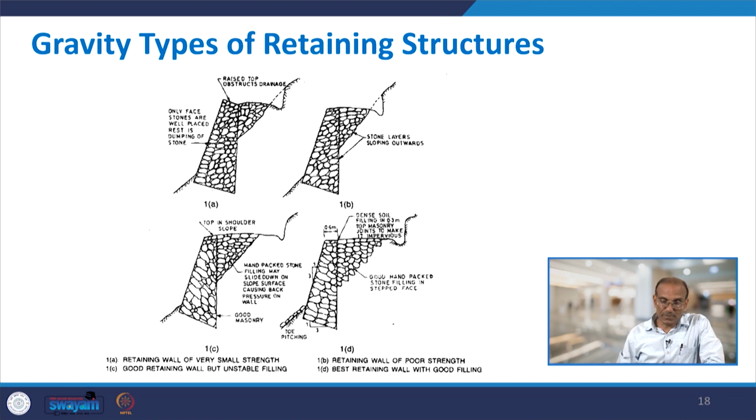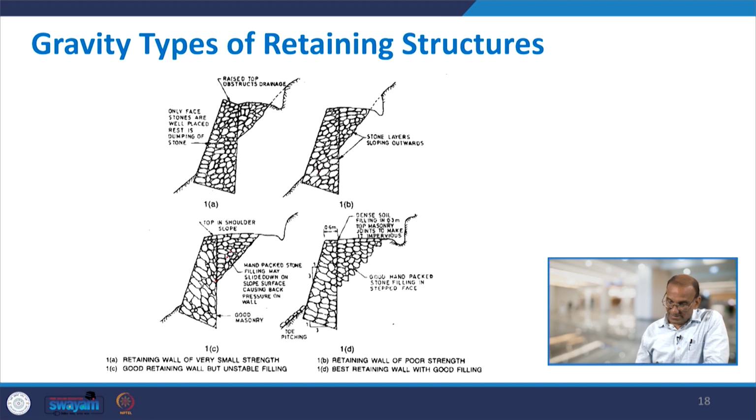Then you have a raised top that obstructs drainage. In the second case, stone layers have been used, sloping outwards, which is better than the last case. In the third case the top is shouldered with a slope, and you fill using hand picked stone filling.